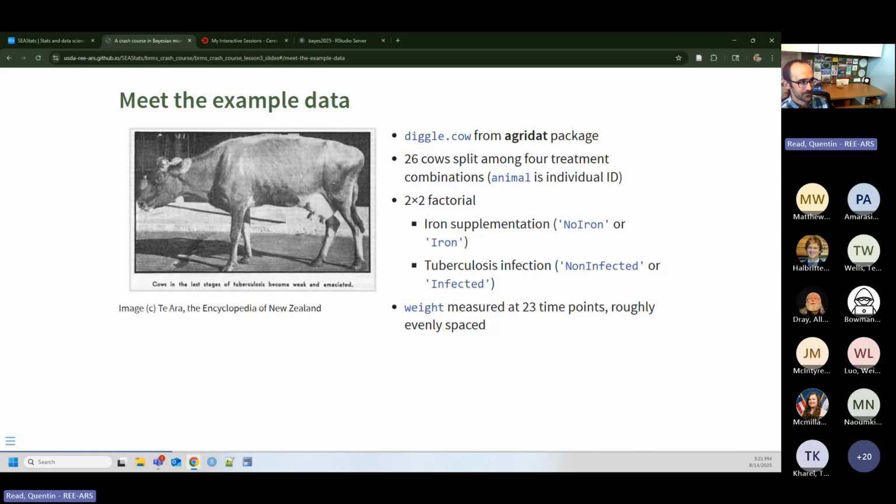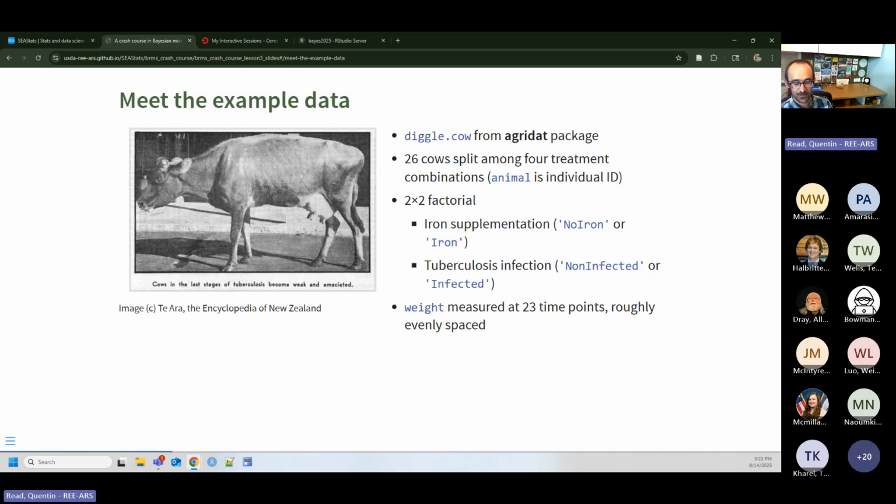So we have 26 cows, 26 individuals, some of which were infected with tuberculosis and some were not. I'm not sure if they purposefully gave the cows tuberculosis or if they just naturally had it, but that's not necessarily relevant for our statistical model, although it would affect the conclusion you could draw. But they did randomly assign, within the infected and non-infected cows, some of them to get iron and some not. Very simple design, 2 by 2.